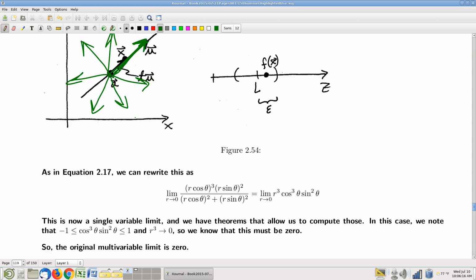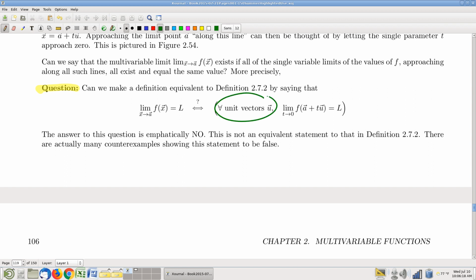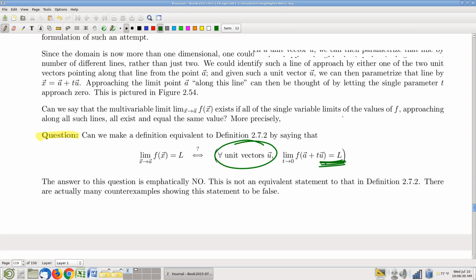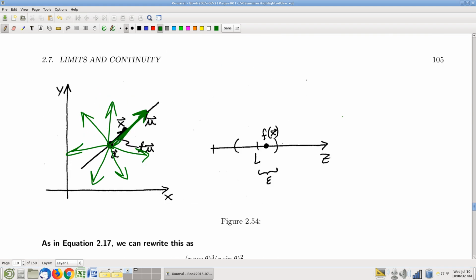So if I append here that for all unit vectors, I always get the same value of the limit L, no matter which unit vector I pick, shouldn't that be good enough? Doesn't that say I'm going to approach from every possible direction? And as I approach from every possible direction, if I always get the same value L here, I mean, come on, doesn't the limit have to be that value L?